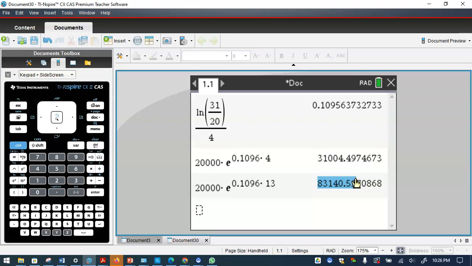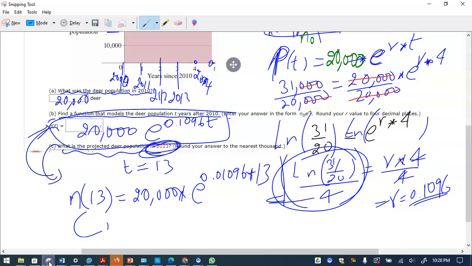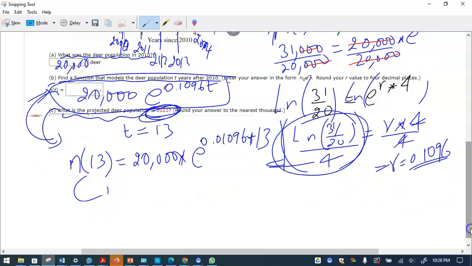They want the answer rounded to the nearest 1,000. So this one is showing you 83140, but they want to round it to the nearest 1,000. So the answer that we got is 83140.527.